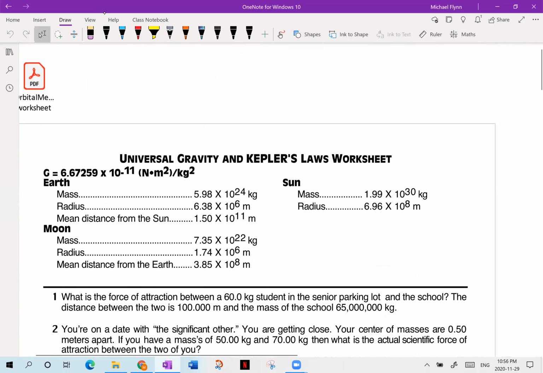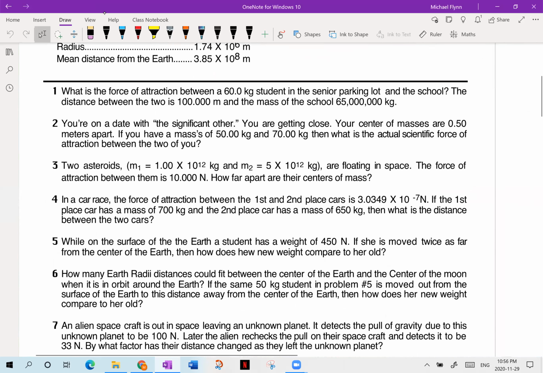Notice it says Kepler's laws and universal gravity worksheet. So here, what is the force of attraction between a 60 kilogram student and the school? So are you attracted to your school? Well, you kind of are. Okay, we can prove it.